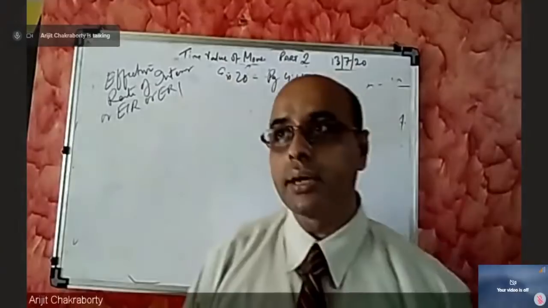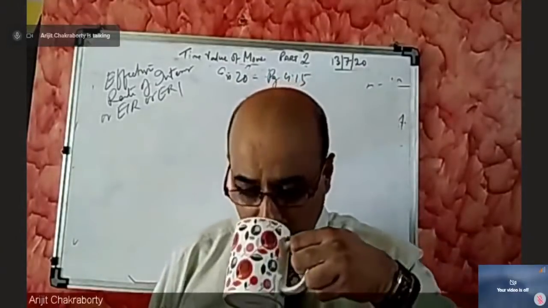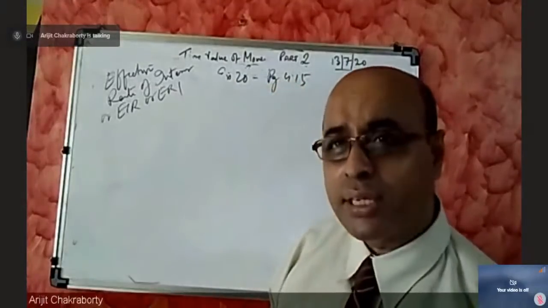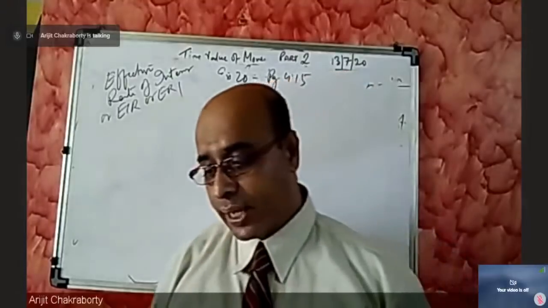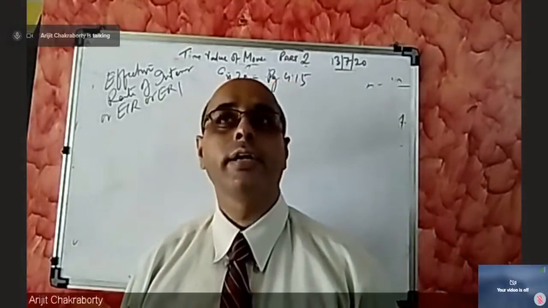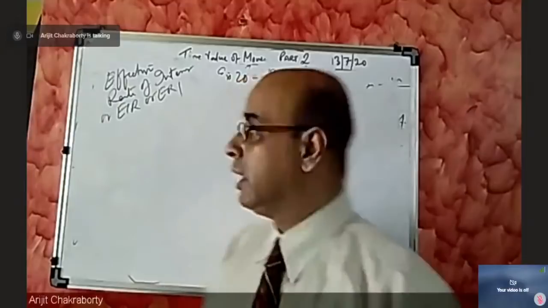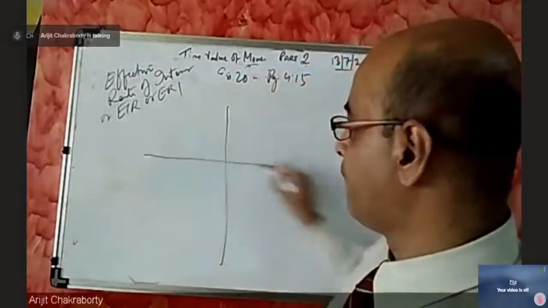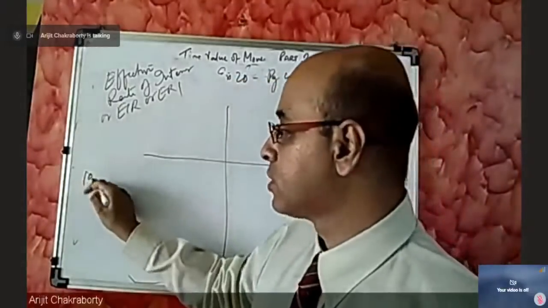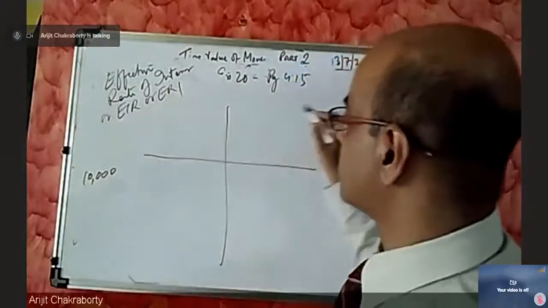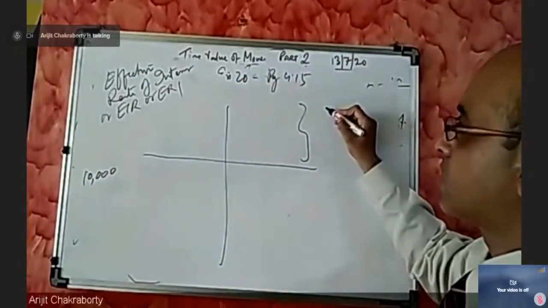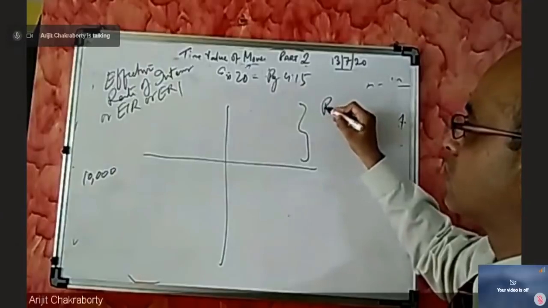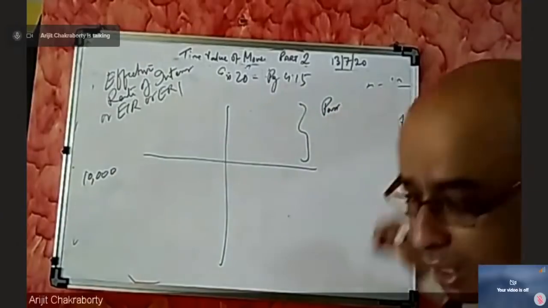Now, let us take an amount of 10,000 rupees, right? We are investing 10,000 rupees at the rate of 6%, and compounding is semi-annual. So, 10,000 rupees. This is the first 6 months, so the first part of the year.